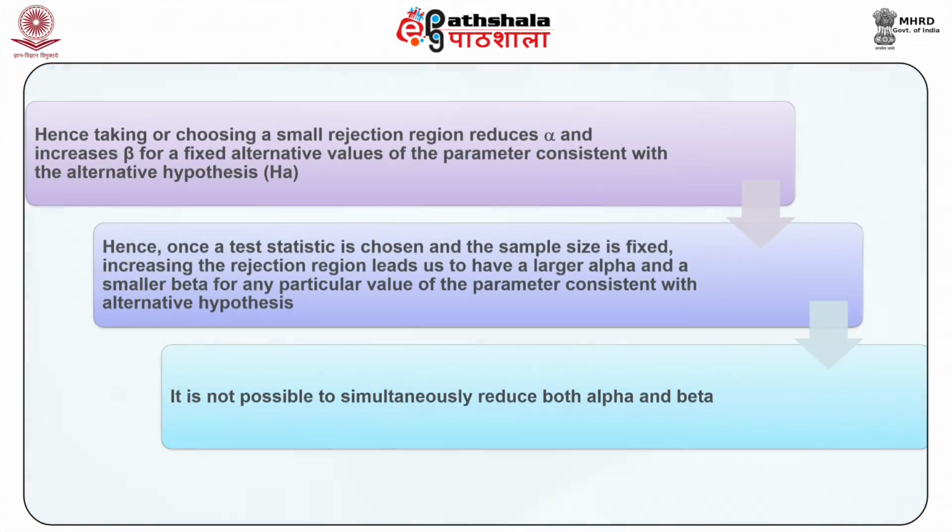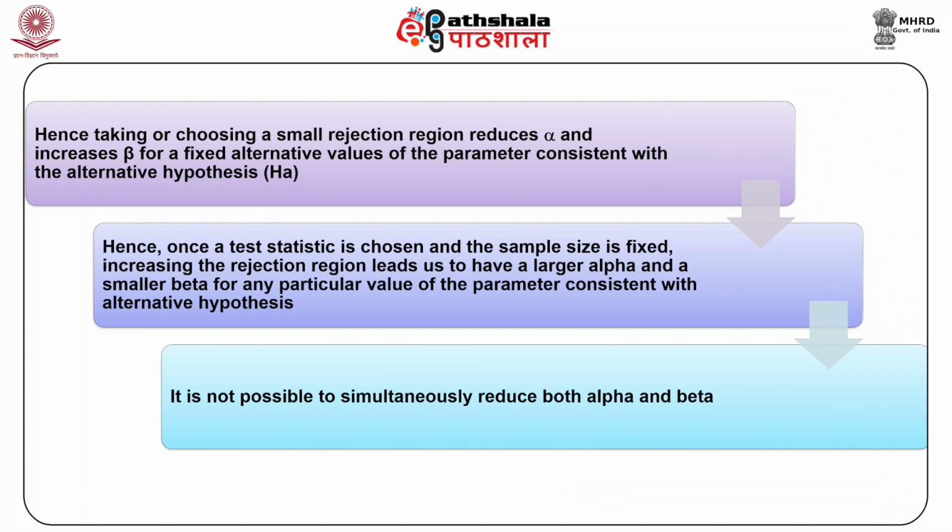Alpha is the sum of probabilities of the test statistic values that lie in the rejection region, while beta is the probability that the test statistic values fall in the complement of the rejection region, that is, the region of acceptance.